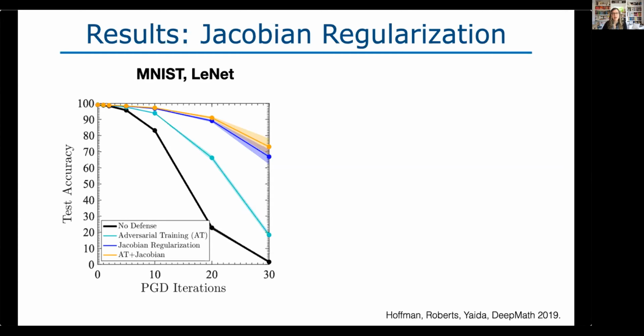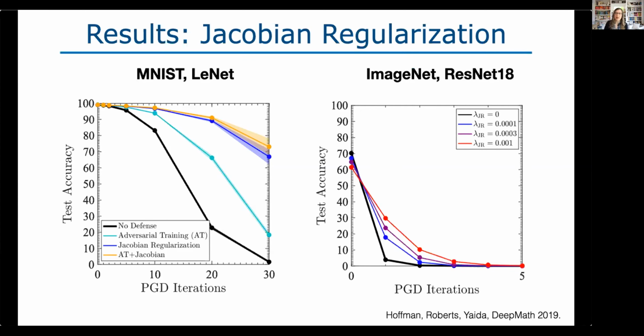And we compared against things like simple vanilla adversarial training, as well as no defense. We're trying to get some understanding as to whether or not there's an attack agnostic defense that might help with adversarial training overall. And we had some results on ImageNet as well.